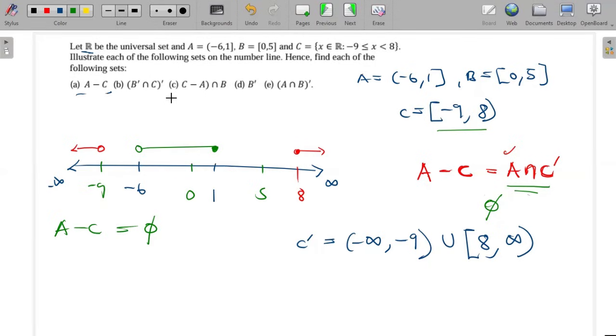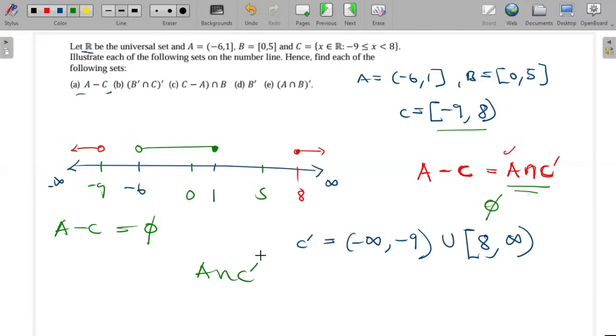Yes, if we use the De Morgan rule, is it not going to give us A? Because A intersection C complement is equal to A, isn't it?